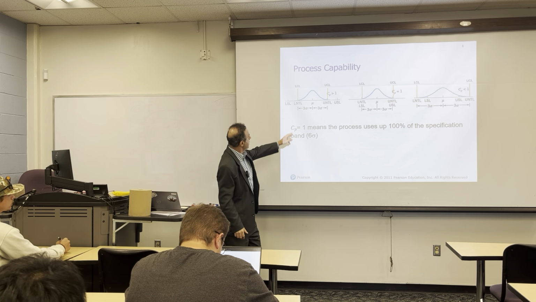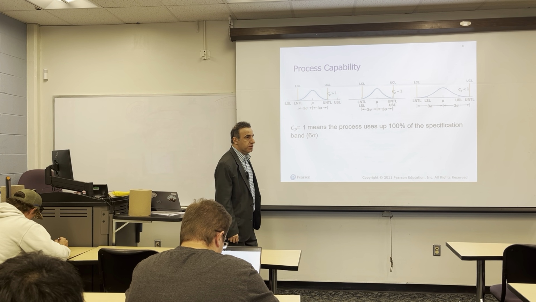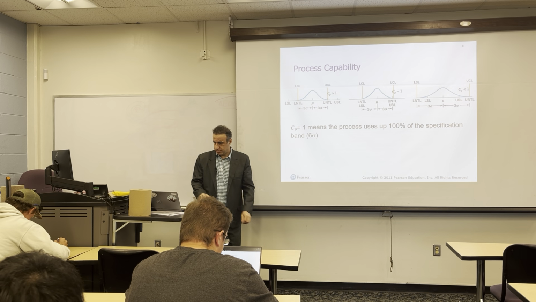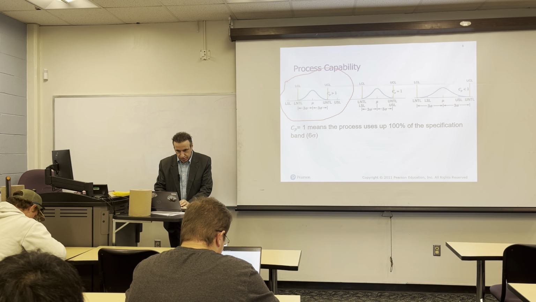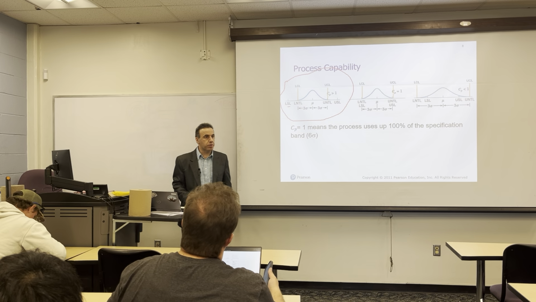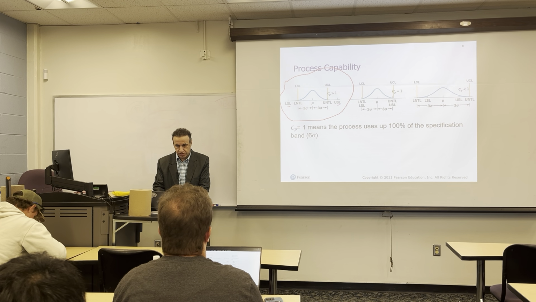Look at this one. We have Cp bigger than 1, right? Let's look at the first one. So this is the lower specification limit, and this one is the upper specification limit.